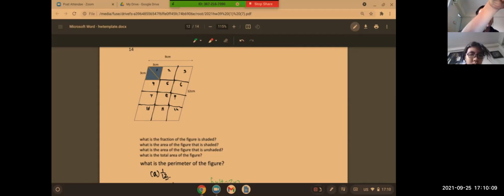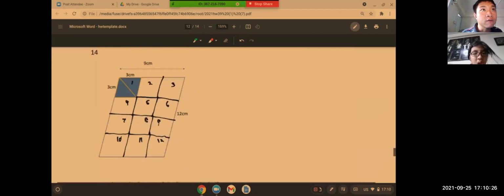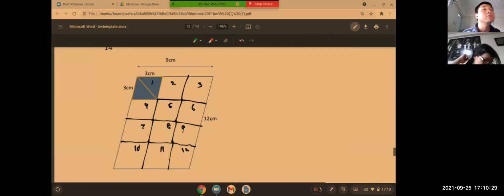Okay, can you draw the height on this diagram? For the shaded one. You need to zoom in a lot.